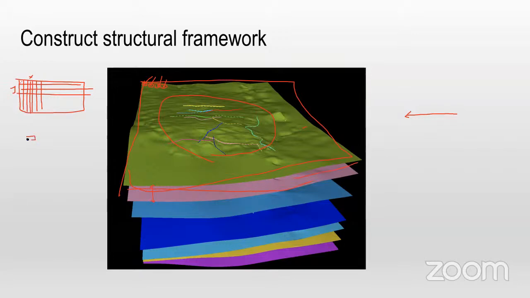So you have cubes of cells, right? You have a cube for each of them, same as this. You have different cells.